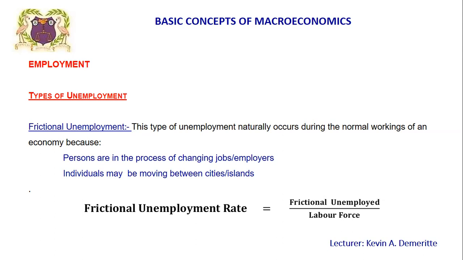Technically, they are unemployed, but that's a very, very temporary situation. So we call these people frictionally unemployed. This type of unemployment naturally occurs during the normal workings of an economy. To calculate the frictional unemployment rate, we take those persons who are frictionally unemployed divided by the labor force. Everything is divided by the labor force. So we want to know what proportion of the labor force is frictionally unemployed.